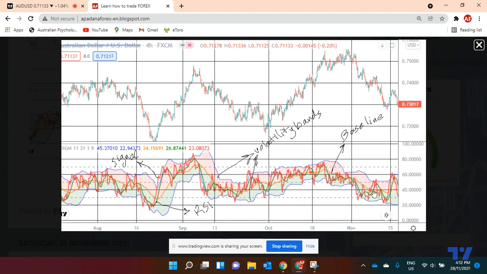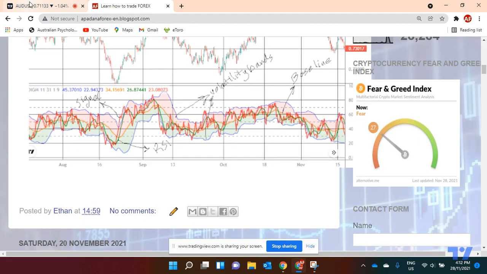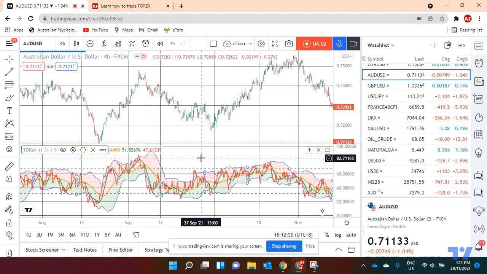And also we have an orangish color here, which is baseline. You can change these colors to suit you, but I just leave it as it is. Okay, we go back to the chart.